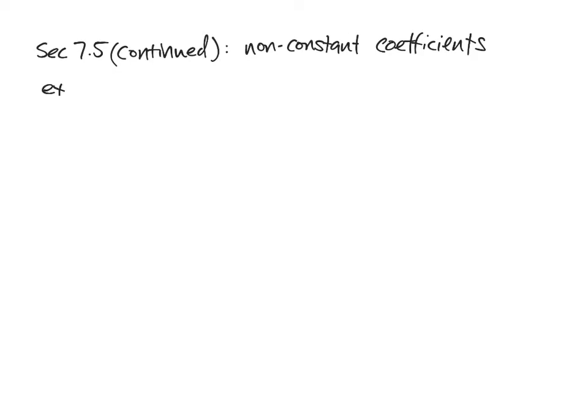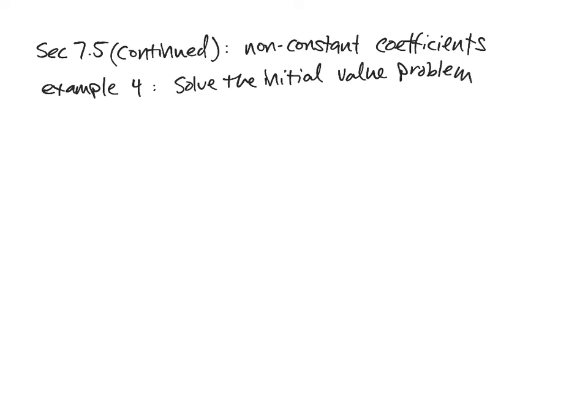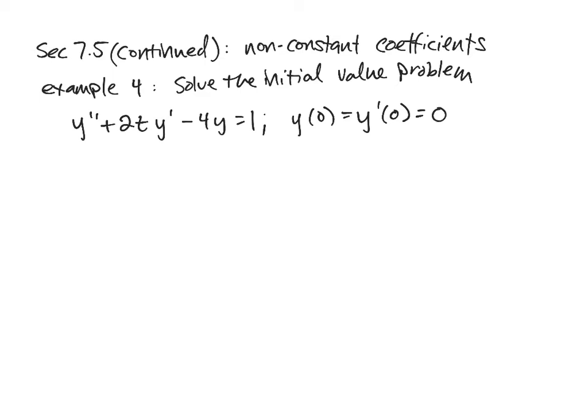This is example 4 from the text. We want to solve the initial value problem y double prime plus 2t times y prime minus 4y equals 1, and our initial conditions are y of 0 equals y prime of 0, they both equal 0.